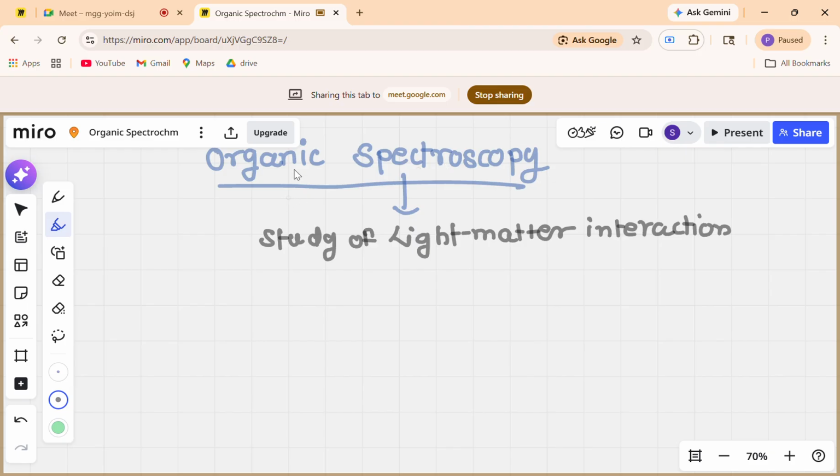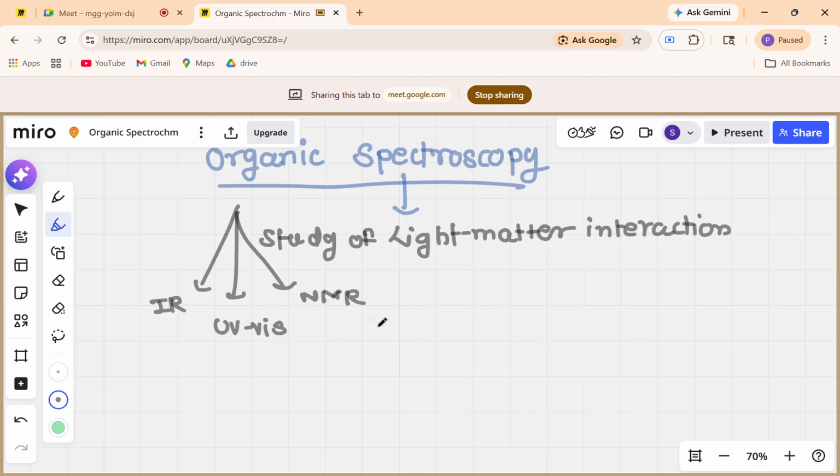And basically for characterization in organic spectroscopy, we use three characteristic tools. The first one is infrared spectroscopy. The second one is UV visible absorption spectroscopy, and the third one, which is most commonly used, is NMR, by which we can characterize the structure of a molecule which is unknown.